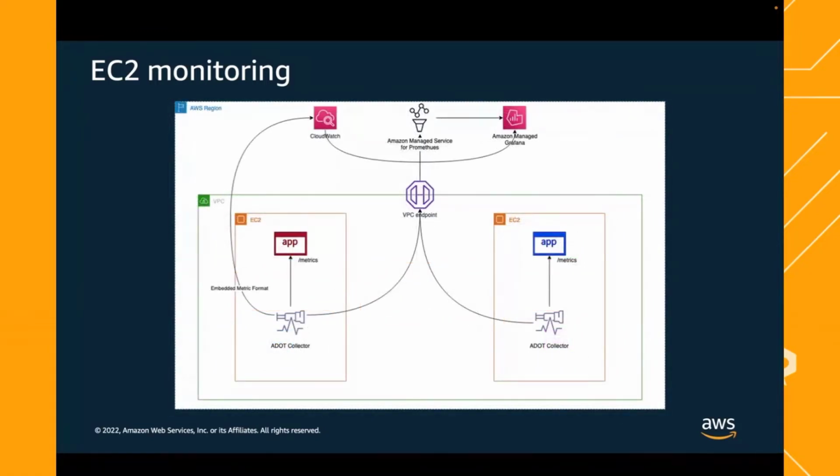Here's another example. The ADOT Collector doesn't mean that it only can send metrics to Amazon Managed Service for Prometheus. You can also use the ADOT Collector to send metrics and trace information to other destinations as well. For example, in this architecture diagram, you can see that we are using the ADOT Collector to send the metrics to Amazon CloudWatch through the embedded metric format technique.